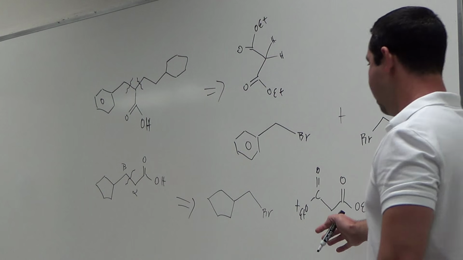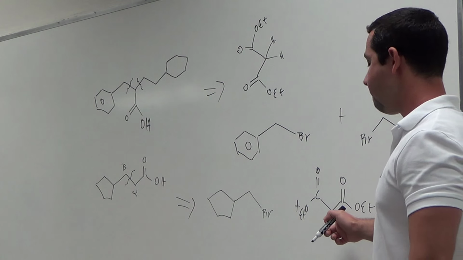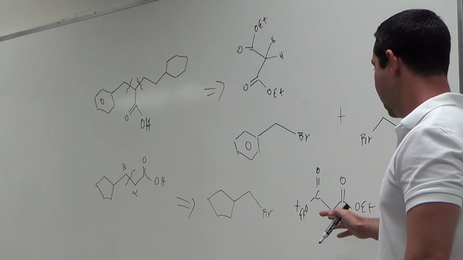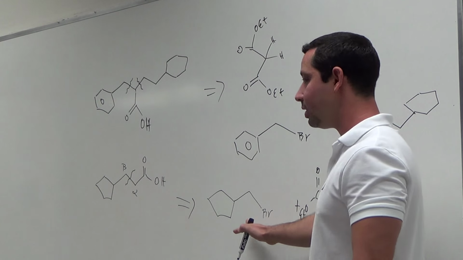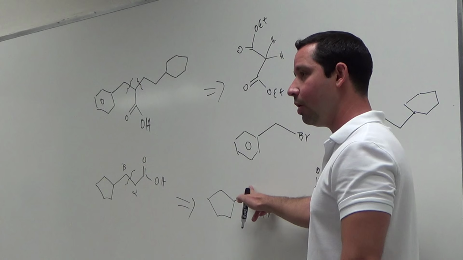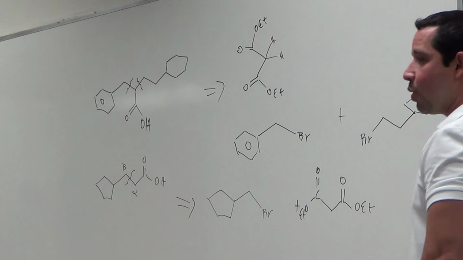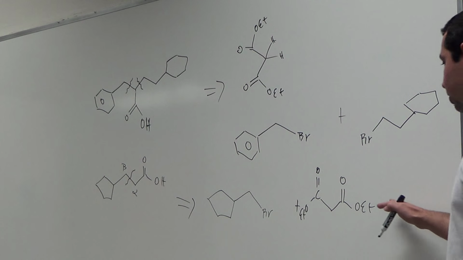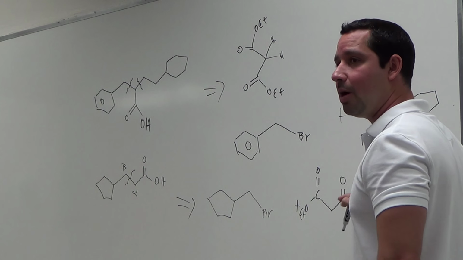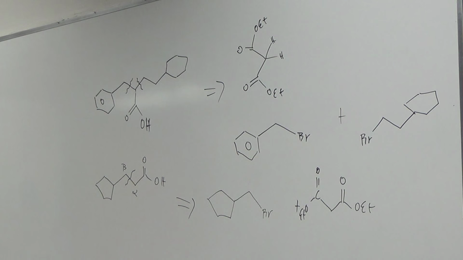How did I go from both of these to that? First thing you do is add a base, and this base will create the nucleophile here. Then you add this halide, and it will attack it here, and place it here. And then you can do decarboxylation with what? H3O plus will make this a carboxylic acid, and then you heat it, and what would it do? CO2. Okay?